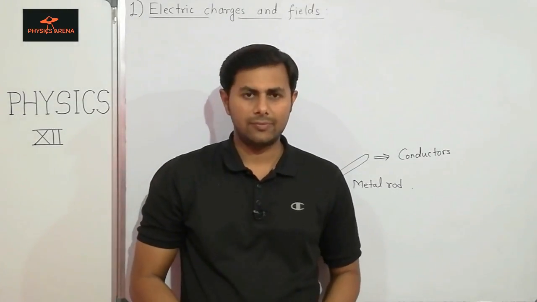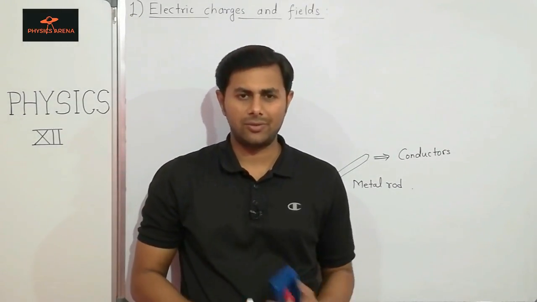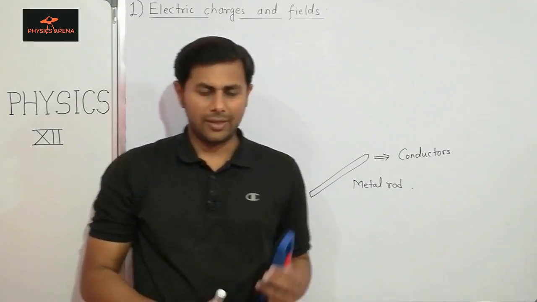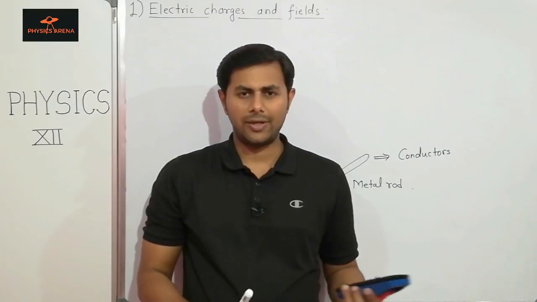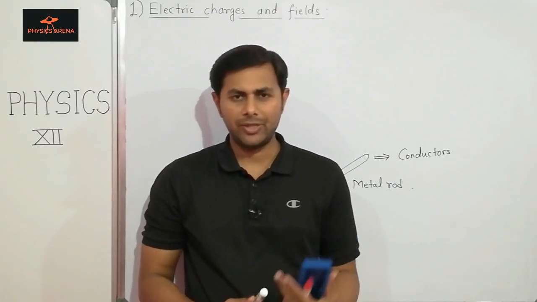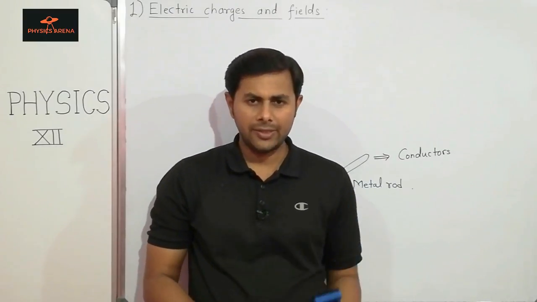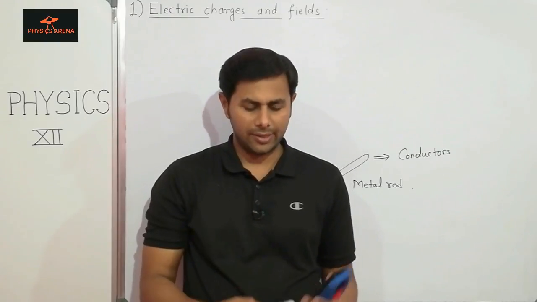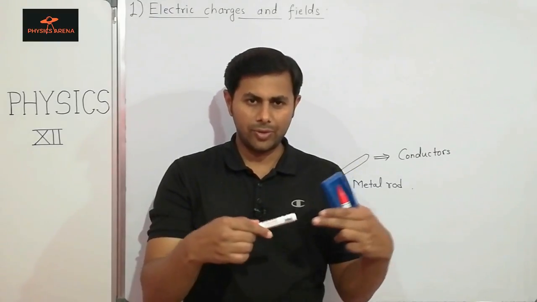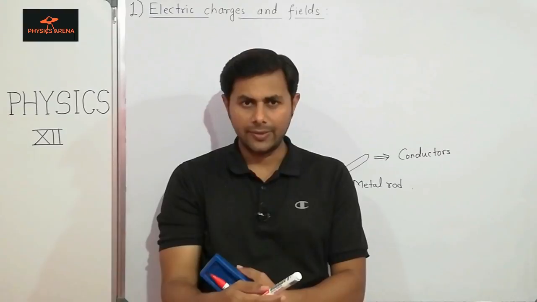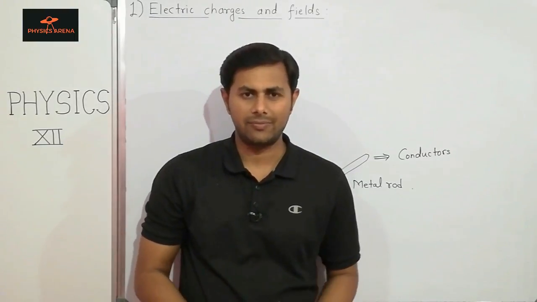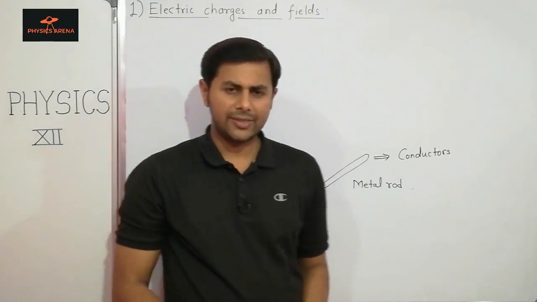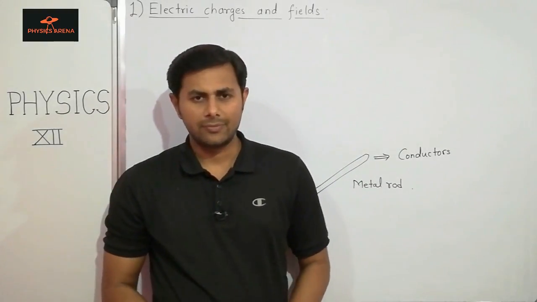That means they allow charges to pass through them, and because of that, when we rub a metal ball on animal fur, it will get negatively charged. But instantly the charges flow through the metal ball to our hand, to our body, and through our body they enter the earth. So it gets uncharged again quickly.